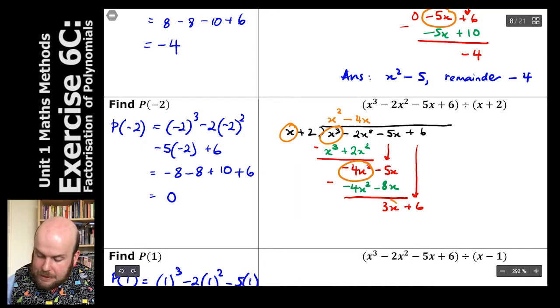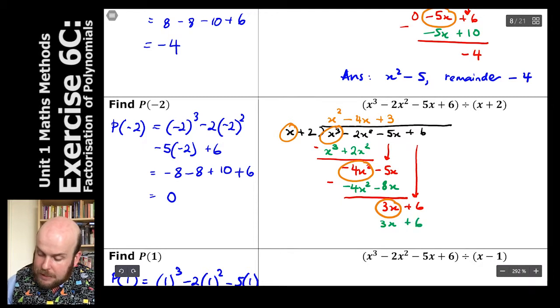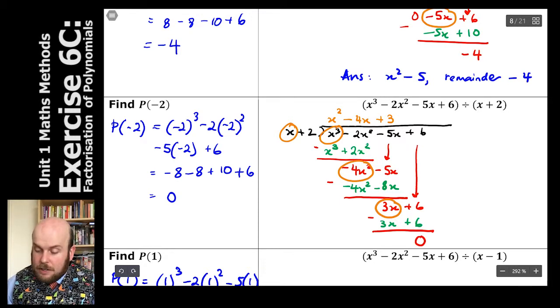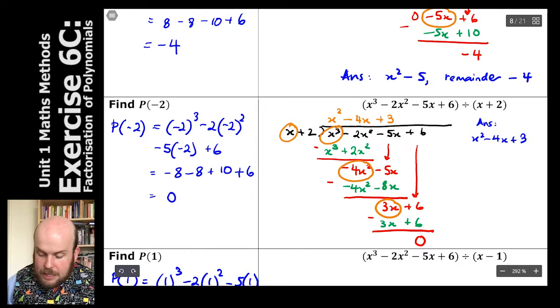Bring that 6 down. x goes into 3x plus 3 times. Positive 3 times x is 3x. Positive 3 times positive 2 gets us positive 6. We subtract these, friends. 3x take away 3x is 0. 6 take away 6 is 0. Huzzah! So we found that our answer here is x squared minus 4x plus 3, and it has no remainder.